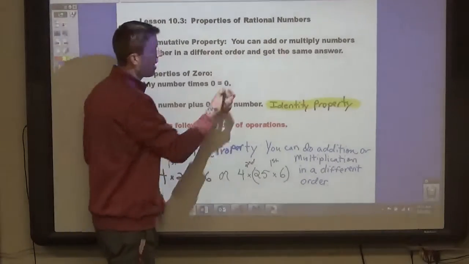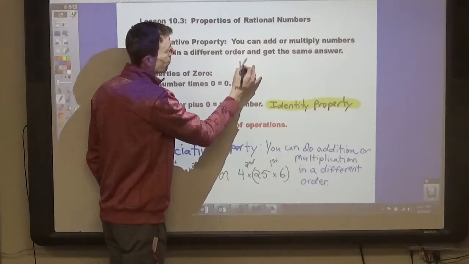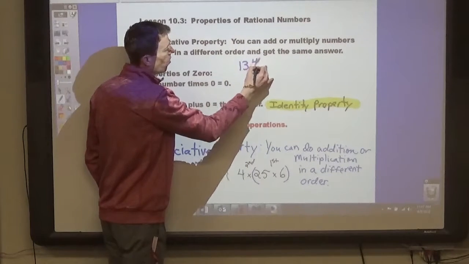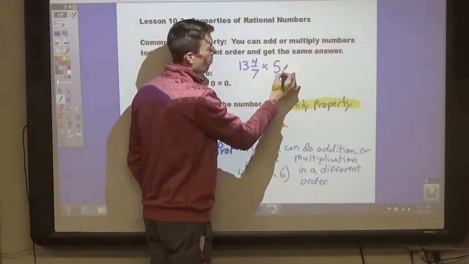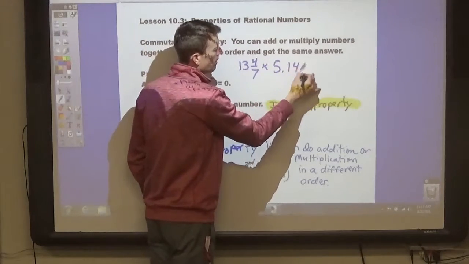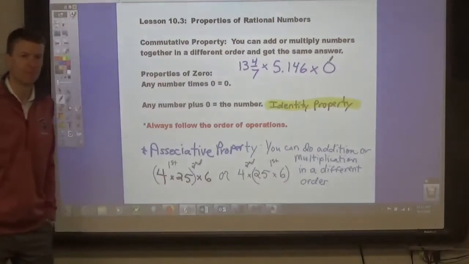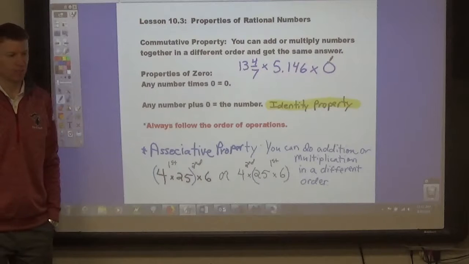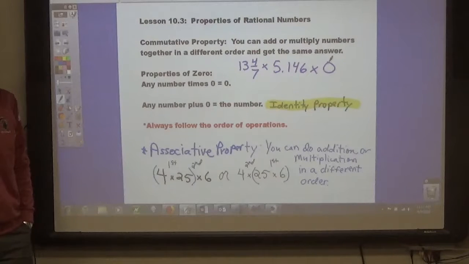So let's say that you had numbers like 13 4/7 times 5.146 times 0. What would you do first? How could you simplify this more easily than just using the order method?